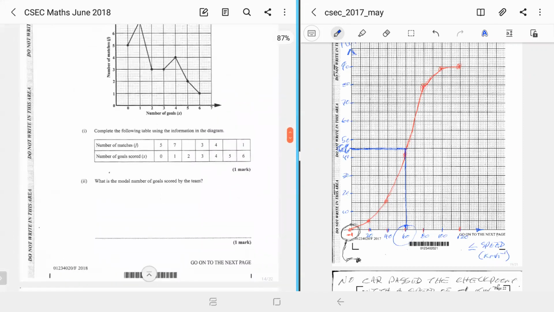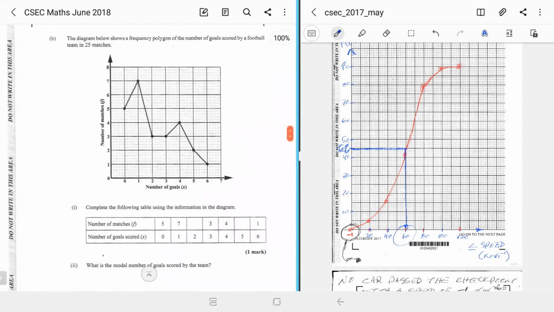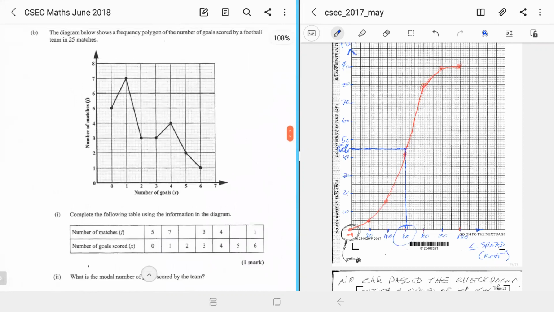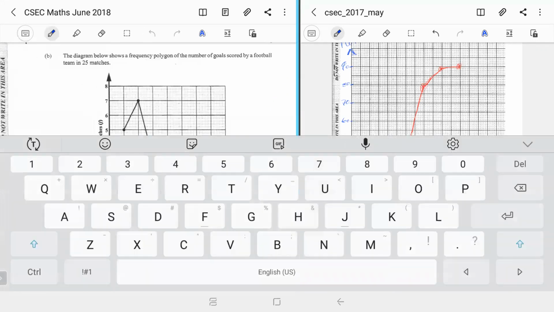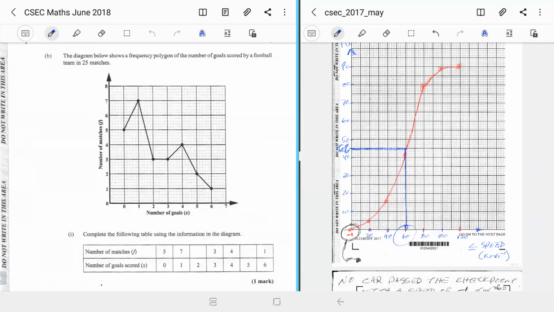All right, so that's another statistics question. It's an ungrouped data question. They give us the information in the form of a graph. Look at the scale properly. Make sure you understand what the graph is showing. Don't just start writing and answering the question. Make sure you interpret the graph properly.